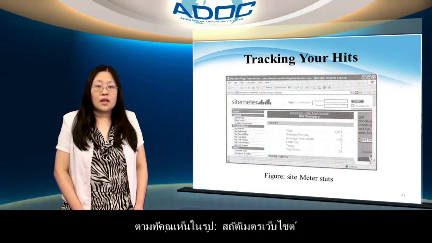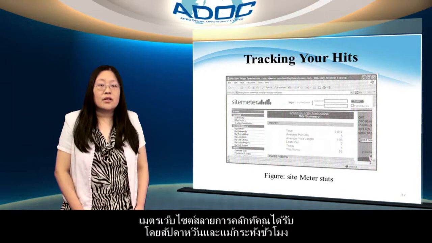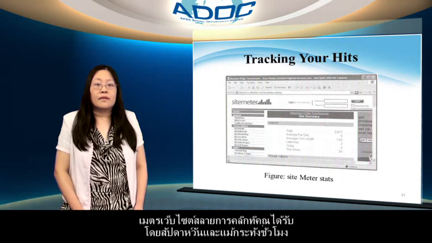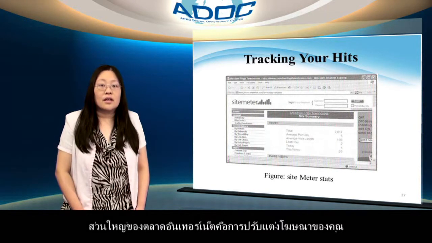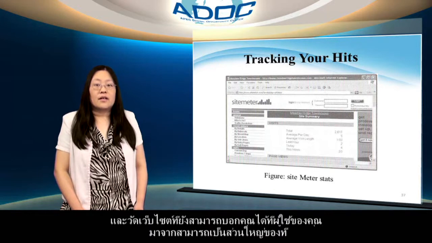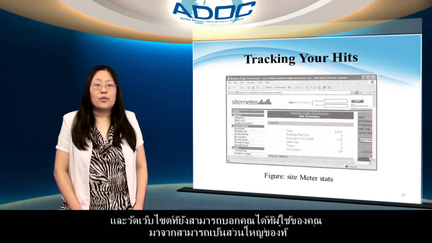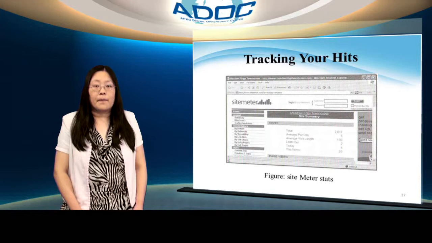As you see in the figure, SiteMeter breaks down the clicks you have been getting by week, day, and even hour. A huge part of internet marketing is tracking your ads, and SiteMeter, which can also tell you where your users are coming from, can be a big part of that.